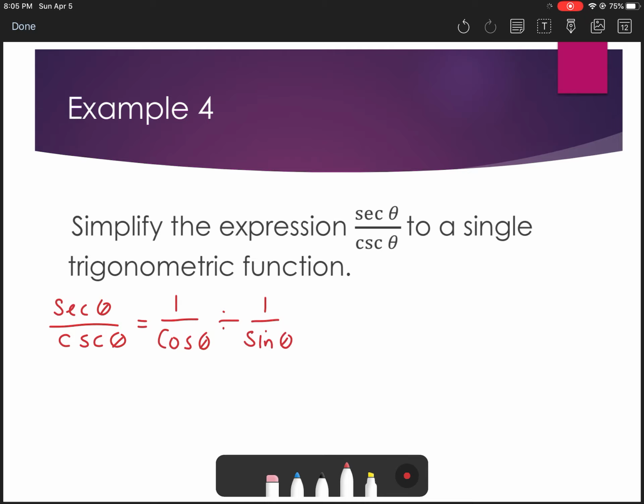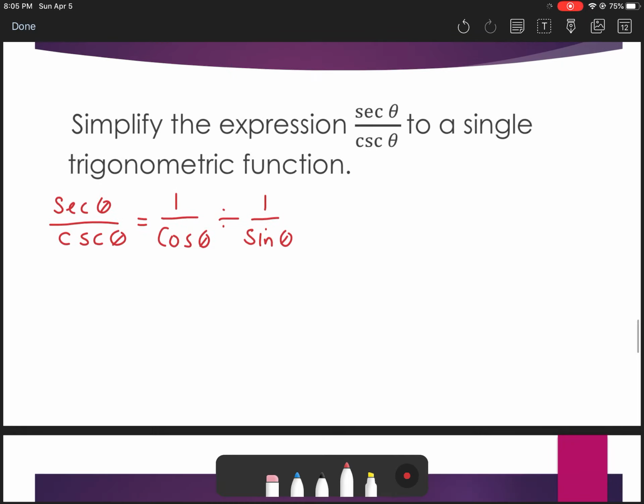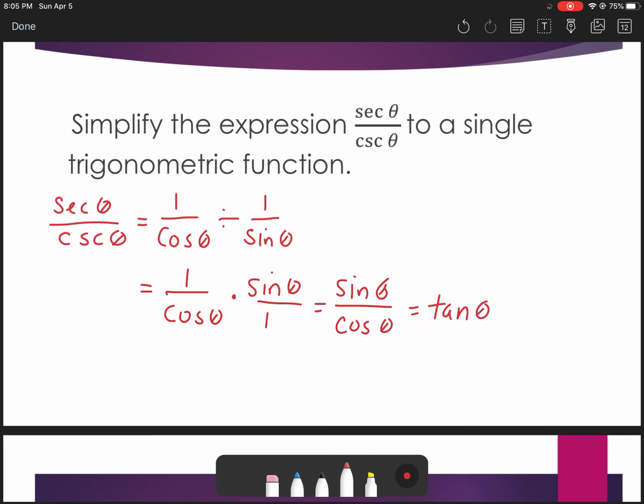Now remember, we're not going to leave it as a division problem. We're going to convert this into multiplication. 1 over cosine theta times sine theta over 1. Multiply numerators, multiply denominators. We get sine of theta over cosine of theta, which is the same thing as the tangent of theta.